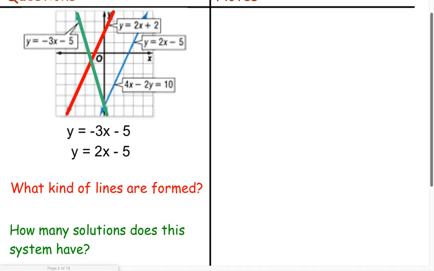So I'm just going to jot down the colors on the right-hand side here for which lines we're looking at. So the negative 3x minus 5 is our green line. I'm going to take the green pen and write green. So that's this one right here. And then we're also looking at 2x minus 5, which is our blue line.